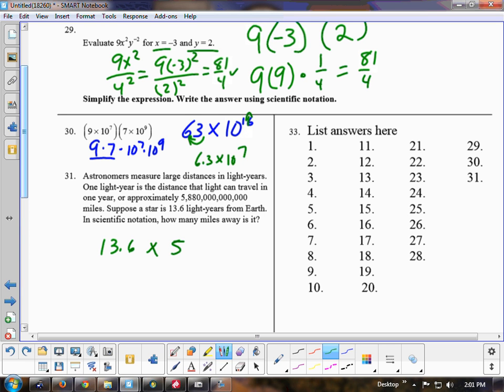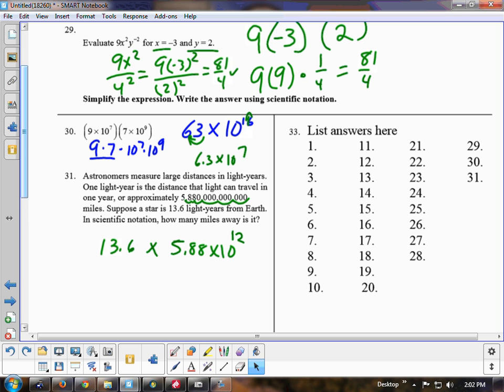Well, let's put that big number in scientific notation. 5.88 times 10 to the 12th. Okay, we can even put the 13.6 in scientific notation. We don't have to, so let's not do it. I don't want to confuse you on this one.